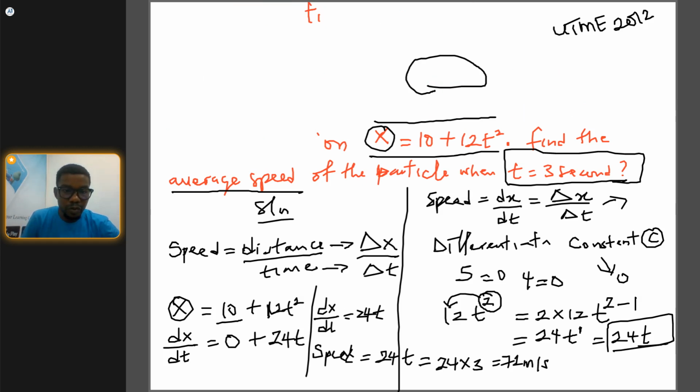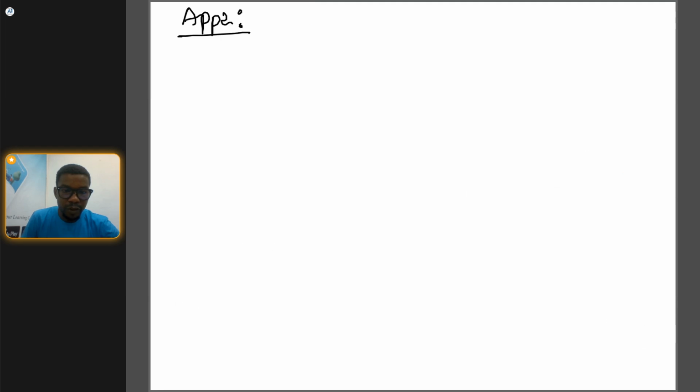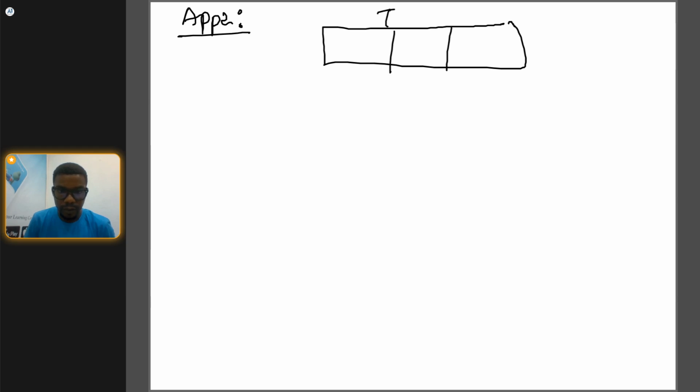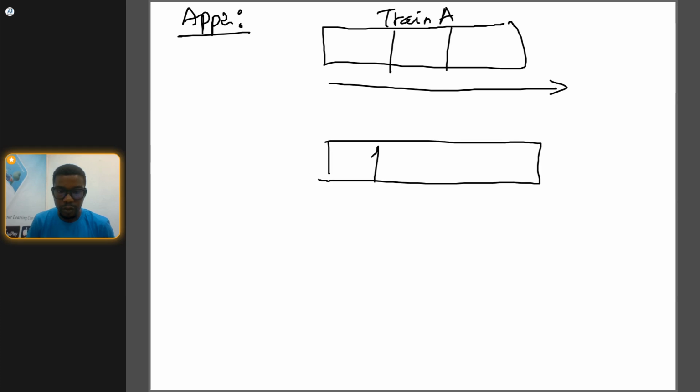Okay, so up two is going to be a question under relative motion. We have two trains moving on parallel tracks. I'll use a diagram to do that. This is the first train, train A, moving in this direction. Another train, train B, is also moving in this direction.